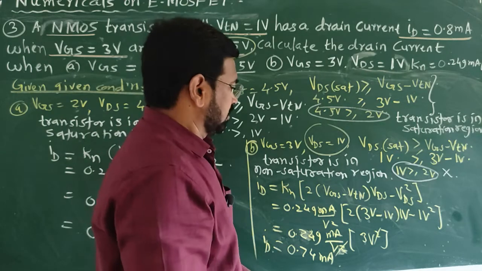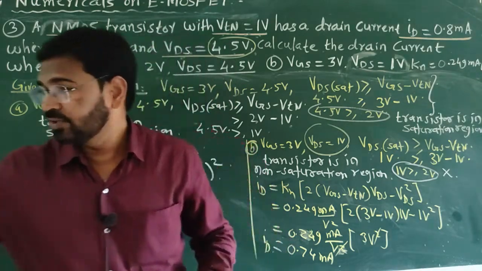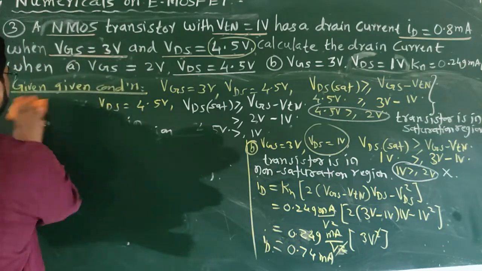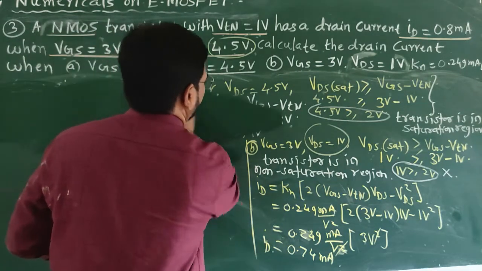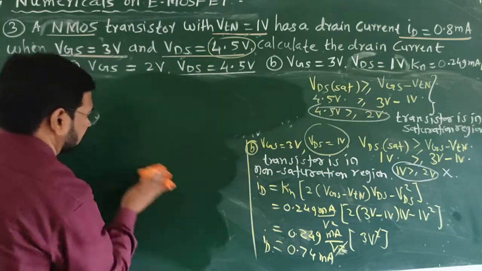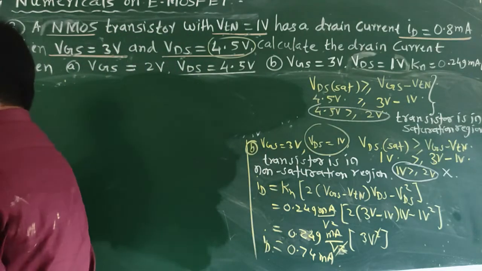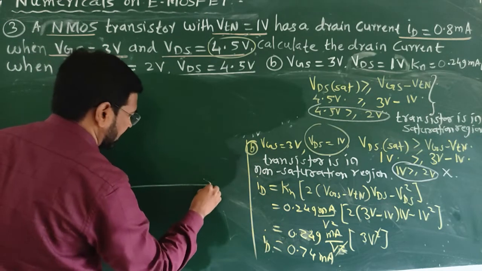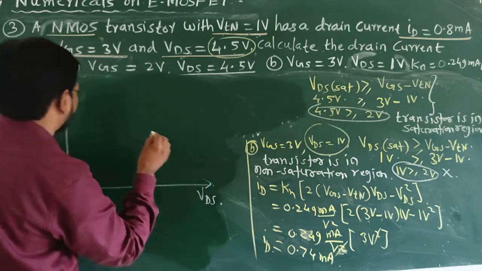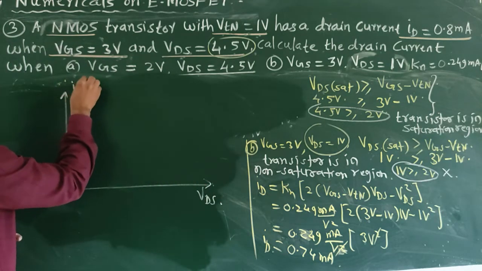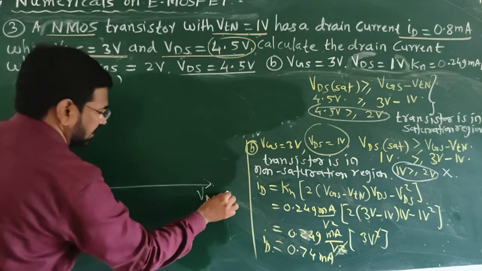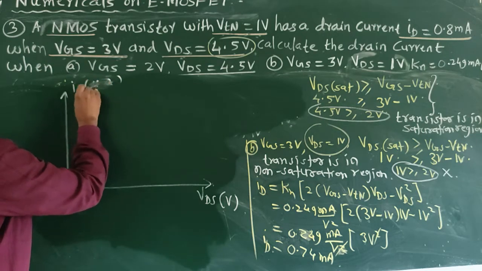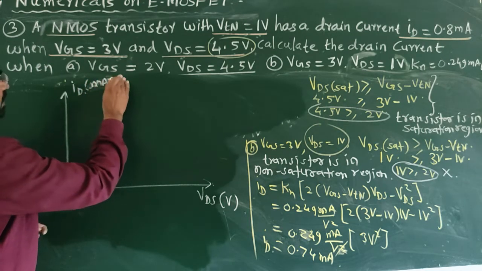So, what happened here? I will show you by drawing the characteristic. I am going to erase this. See, ID versus VDS, the VI characteristic of NMOS, with ID in milliampere.